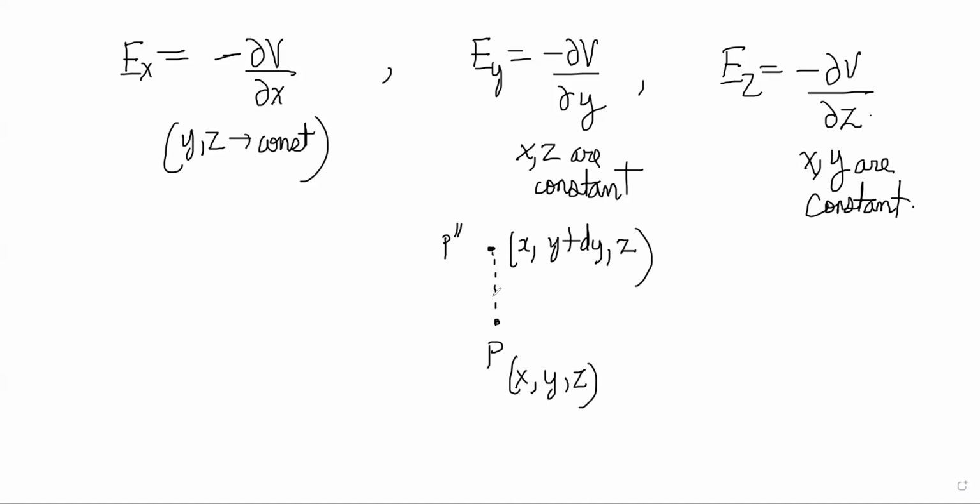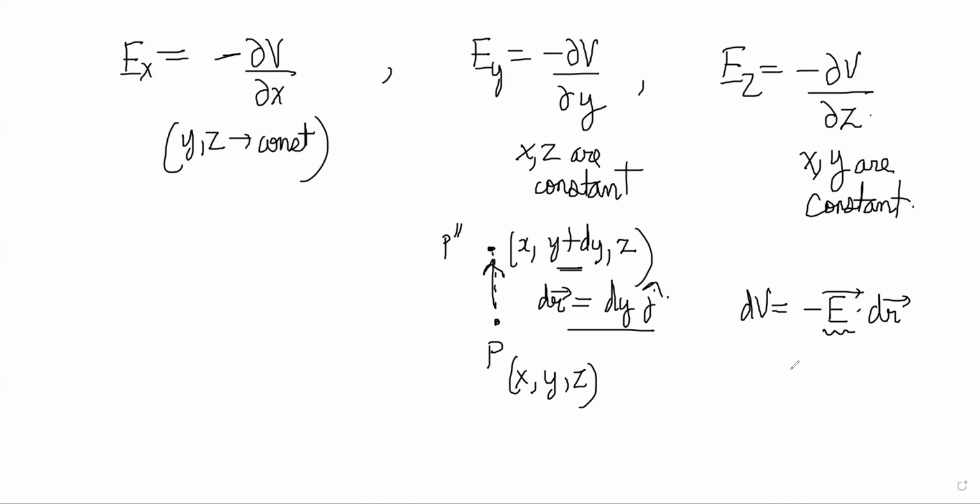What has changed? You are only changing the y, so the dr vector is dy j cap. And dV is equal to minus E dot dr. When you do the dot product with the general E, the only thing left is minus Ey dy, from which we get this.